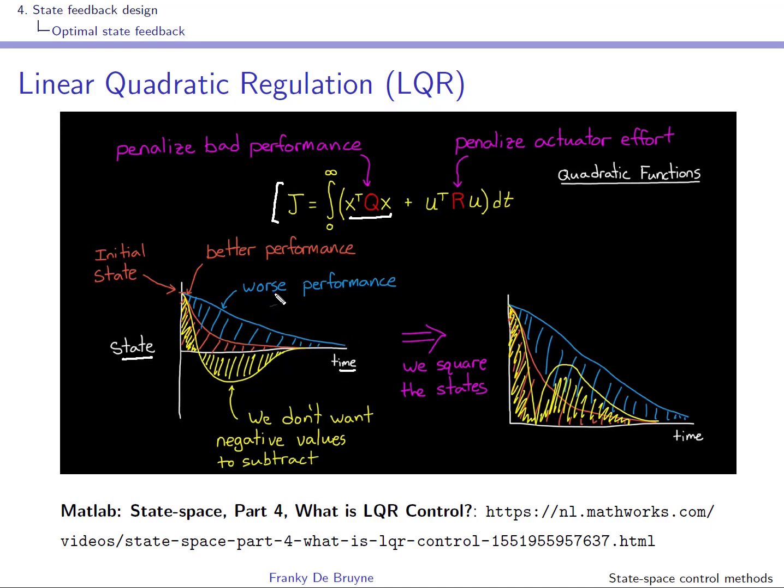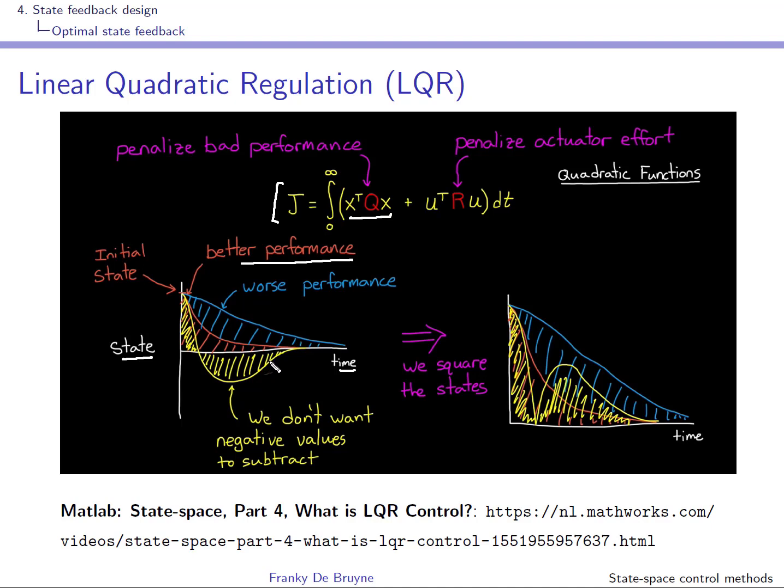So you have two situations here, in blue and in brown, and clearly in brown the state goes to 0 faster, so you have better performance. What is shown below the line is really what we integrate from 0 to infinity, right?